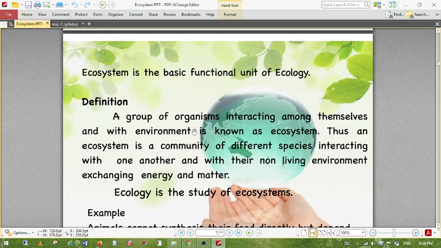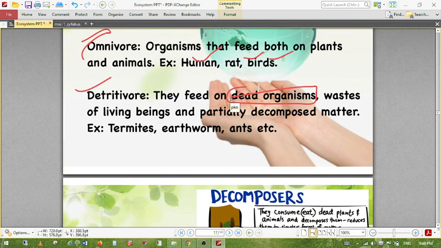That means they decompose dead living things back into nutrients. Examples are termites, earthworms, ants, etc. All the microbes. So decomposers attack the dead bodies and the producers, and decompose them into small compounds and organic nutrients, and this is the last part of the food process or food chain.